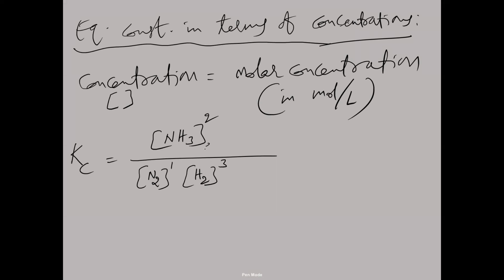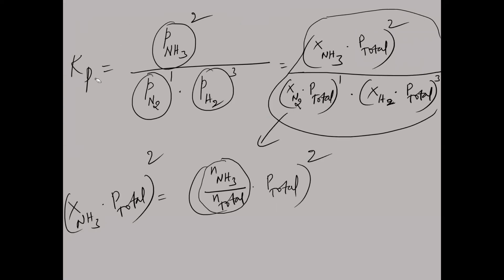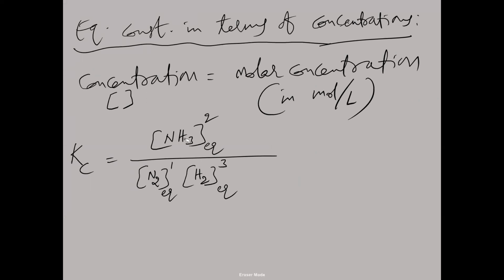All these are equilibrium concentrations. In the expression of Kp we take the partial pressure of ammonia, nitrogen and hydrogen at equilibrium, so equilibrium partial pressures. The same way in Kc we take the equilibrium concentration of ammonia squared, nitrogen to the power of 1, and H2 to the power of 3. This is Kc.